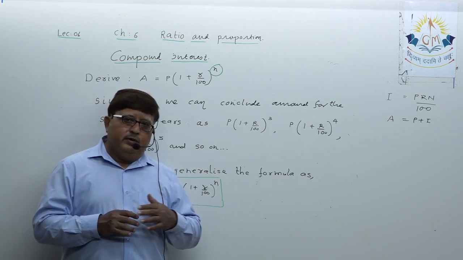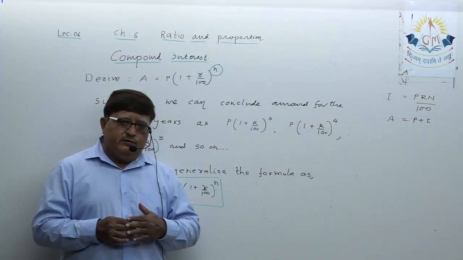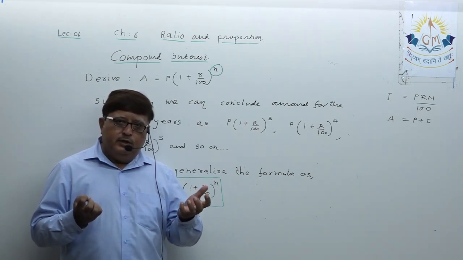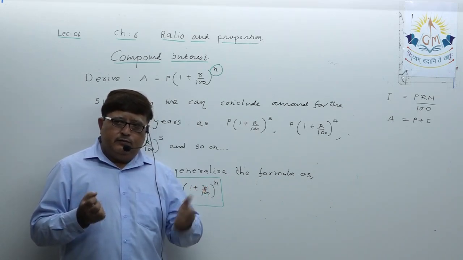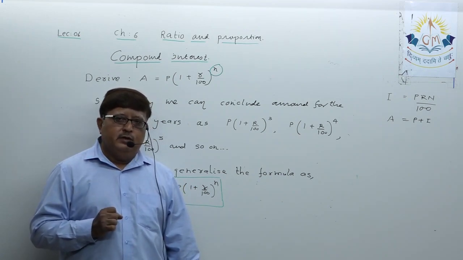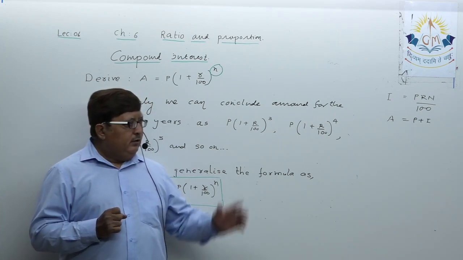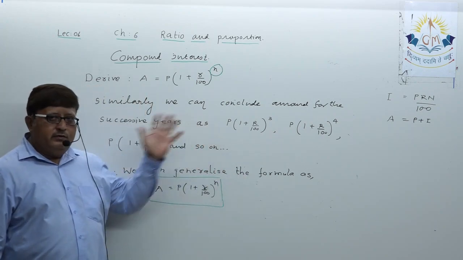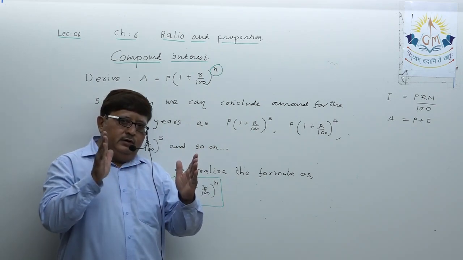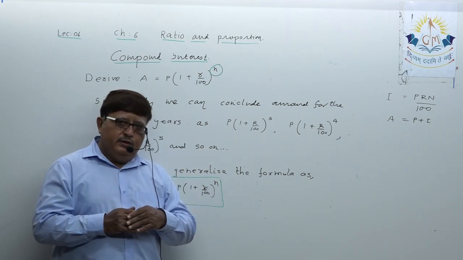Now, in compound interest, in today's lecture, my target was to make you understand the meaning of compound interest. That's very important. I think you must have understood the difference between simple interest and compound interest.